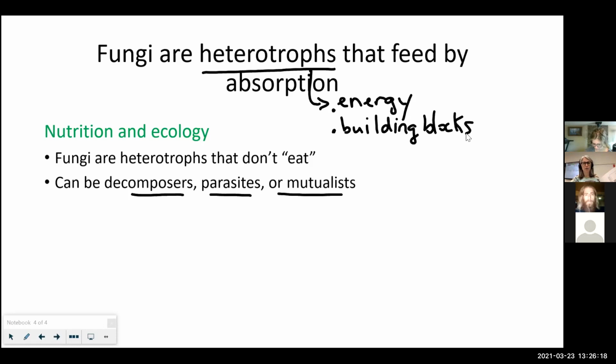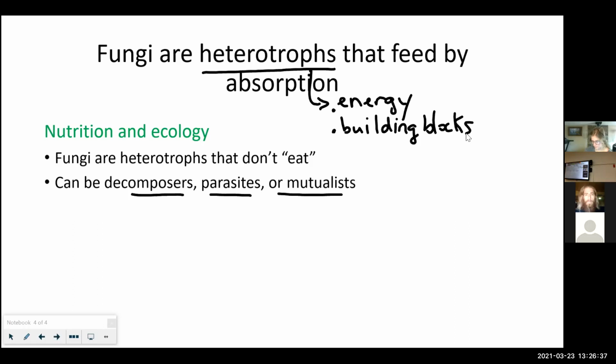Photoautotrophs, in that case. Heterotrophs get your energy and building blocks from other organic compounds, from living or formerly living things.